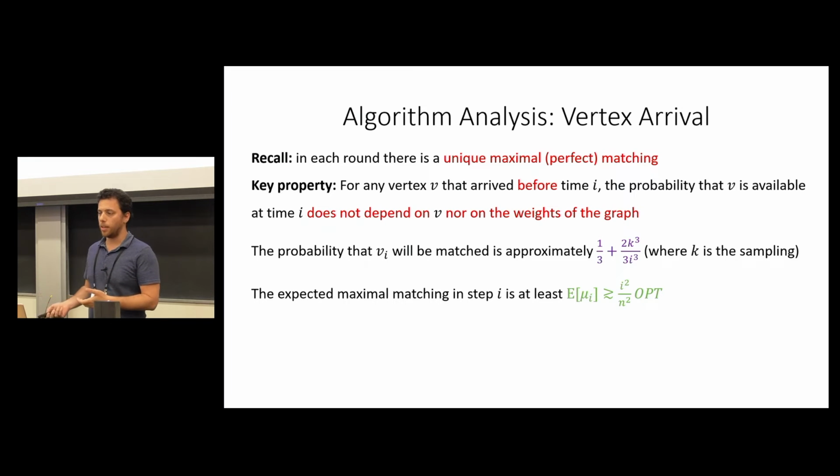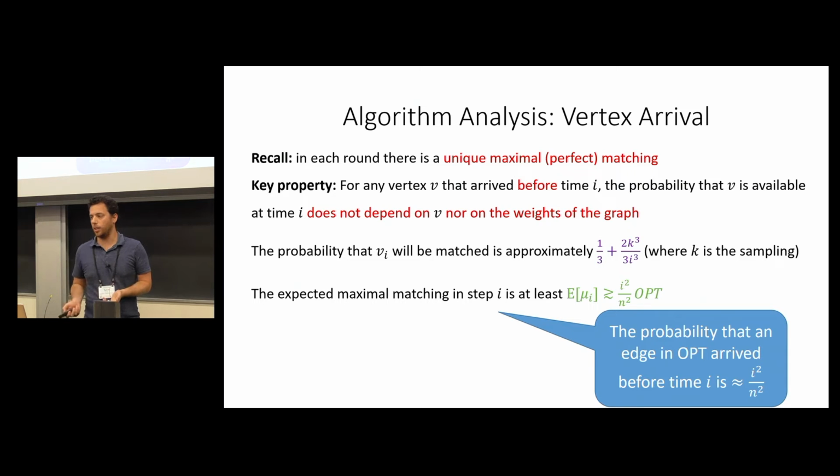And the second part is we want to bound the expected value of the current edge that we are trying to match, and we do so in two steps. The first one is that the expected maximal matching at step i, so we calculate the maximal matching of the vertices 1 to i, has expected weight at least i^2/n^2 times opt.